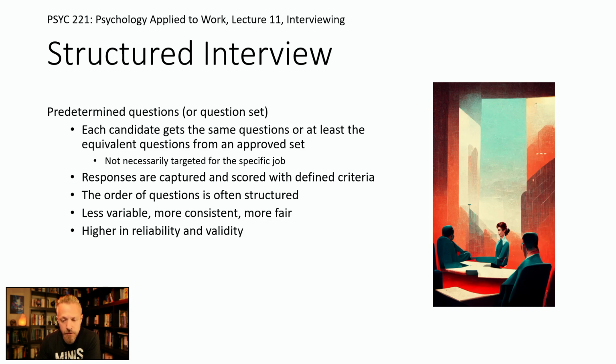By its definition, an unstructured interview is all over the map. You might find one particular person who performed one that turned out to be valid, but you couldn't scale that. You couldn't actually use that for another job or for another person. So there's good reasons why you do structured interviews.